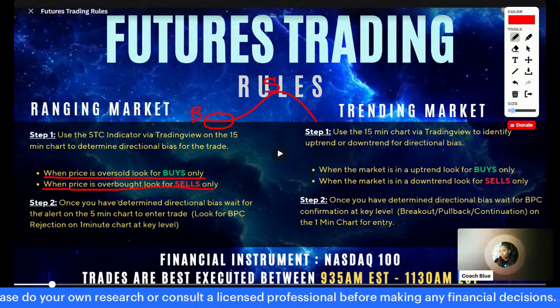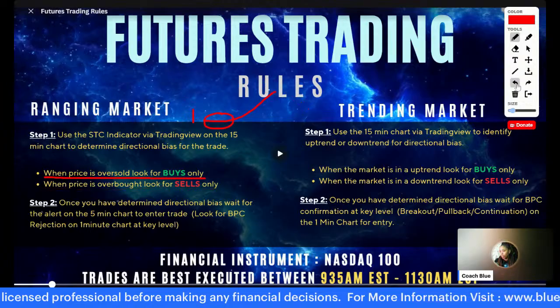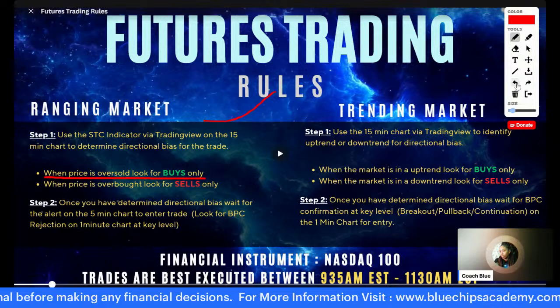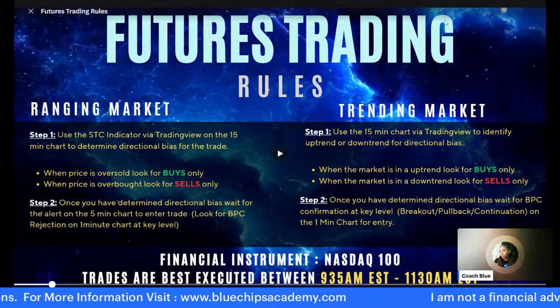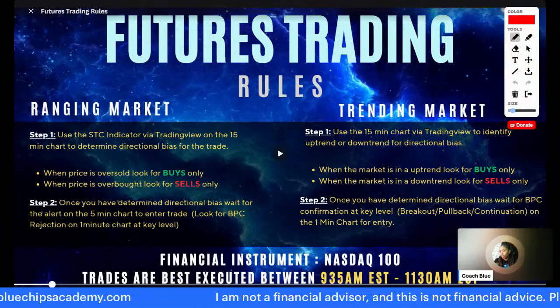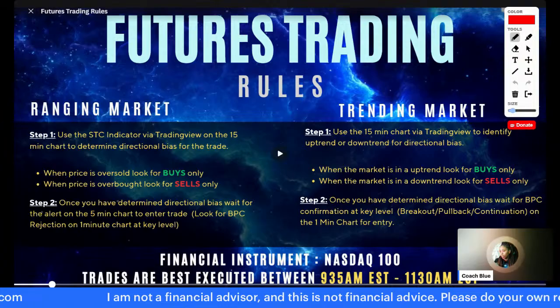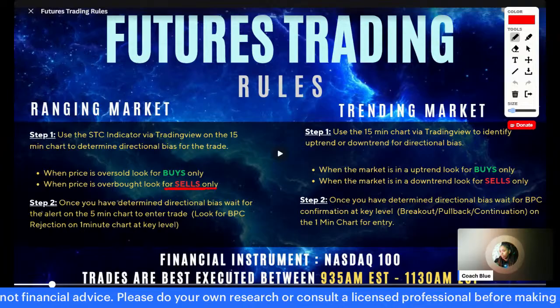So we've already determined today that we are currently overbought. That means our directional bias, meaning that we're favoring, it's not the be-all end-all, right? Because the market can do whatever it wants, whenever it wants. But our favor right now would have been a sale, if we're in a ranging market.